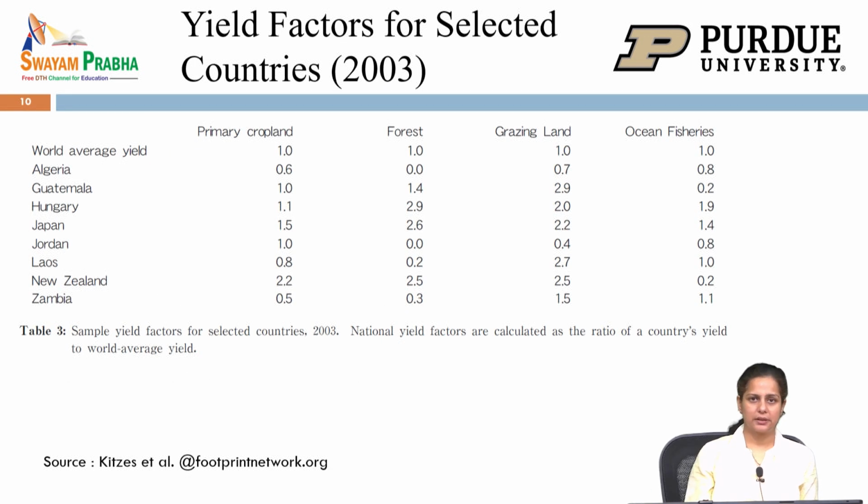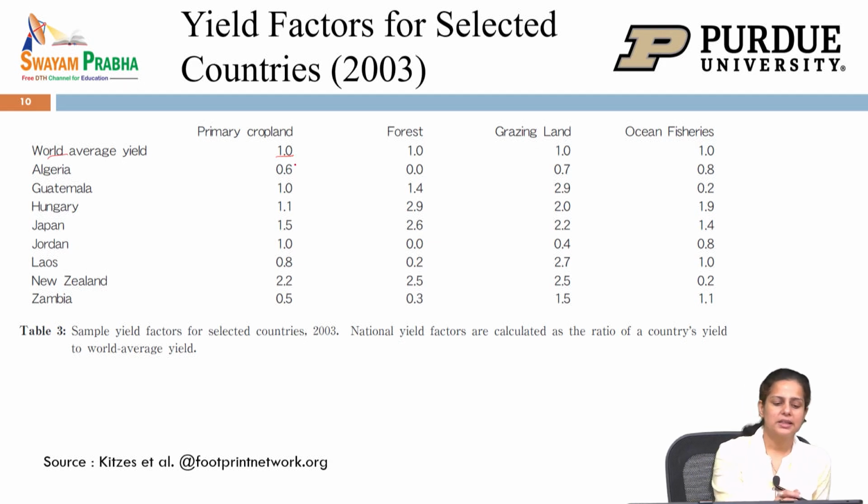Next is the yield factor. What the yield factor does is this: we have the same kind of land in different regions, and since there is a difference in the productivity of each area, we will convert this into one region. For example, the world average yield for primary cropland is of course 1, because that is our normalization factor. But for different countries, primary cropland has a different yield factor.